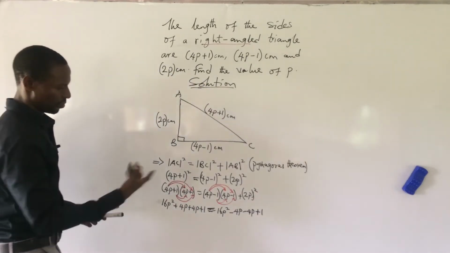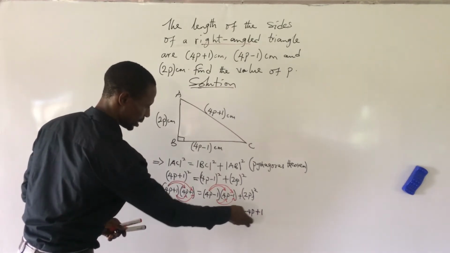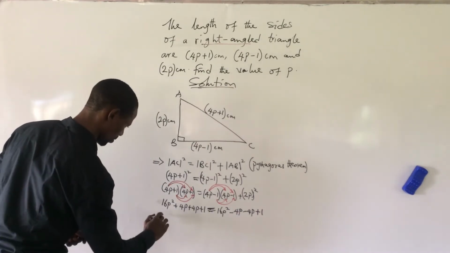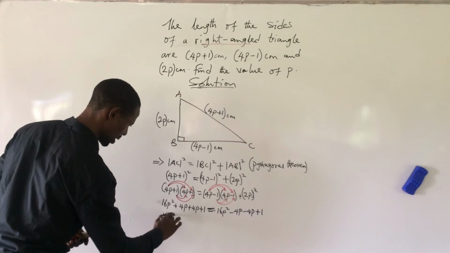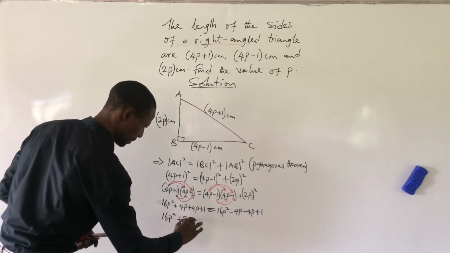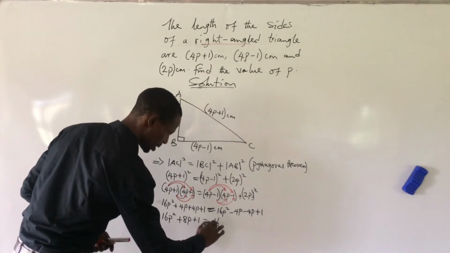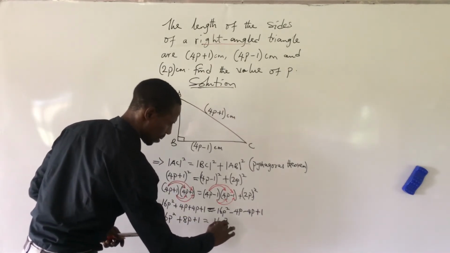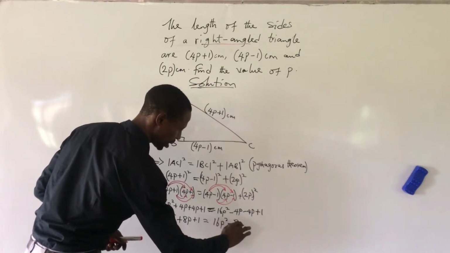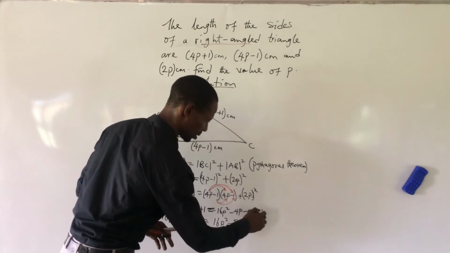All right, so we can add these together. This gives us 16p squared + 8p + 1 equal to 16p squared - 8p + 1.